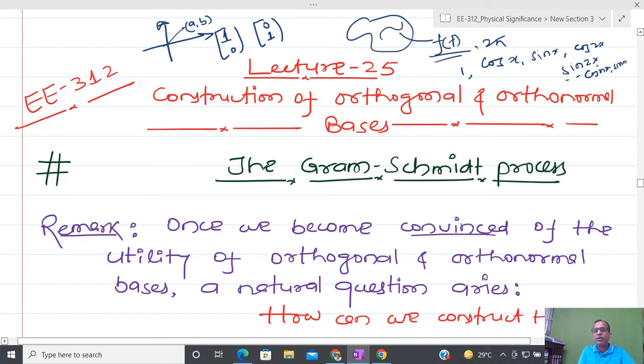Now if I am trying to express f(t), at that time I need the coordinates. The basis I have identified, and suppose I have to represent (5, 7). With respect to this basis, the linear combination 5 times the first plus 7 times the second expresses (5, 7).